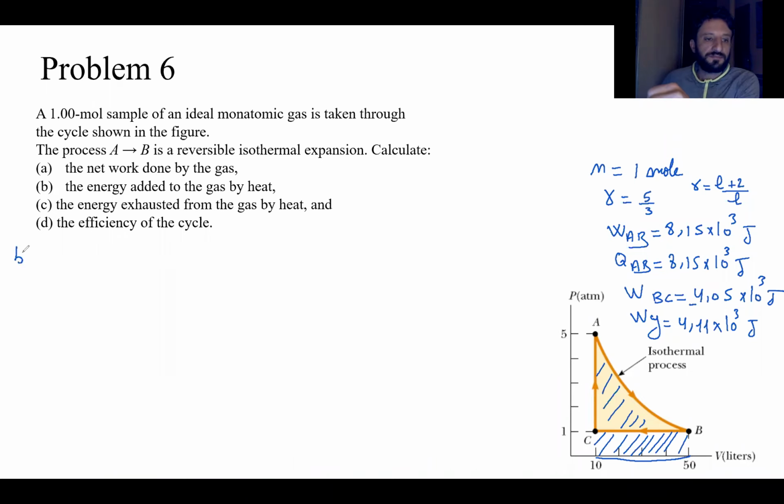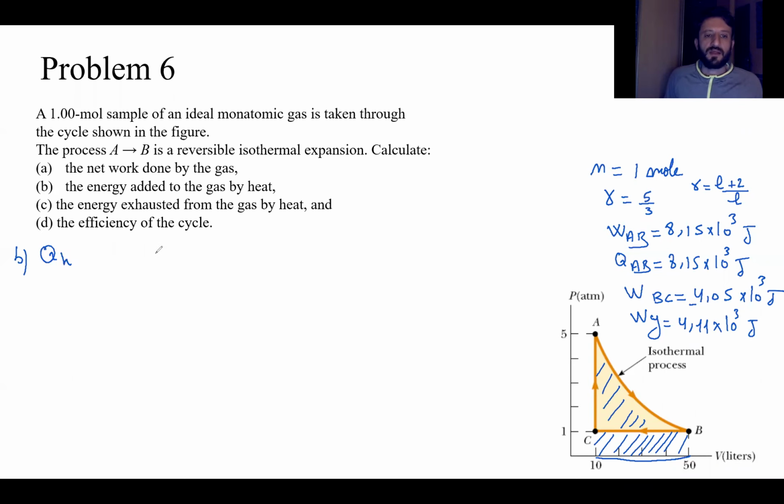B, find the energy added to the gas by heat. When I say the energy added, so we have to find Q hot. Here, we don't know which one is Q hot and which one is Q cold. You have to know exactly the positive value and the negative value.